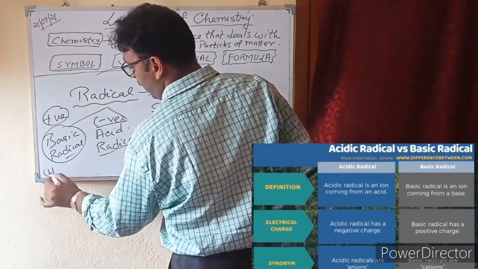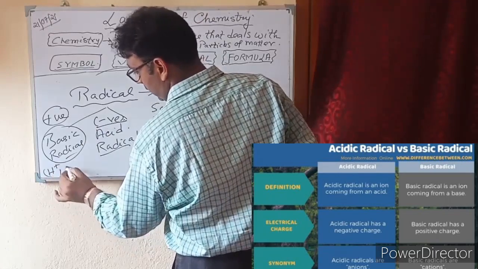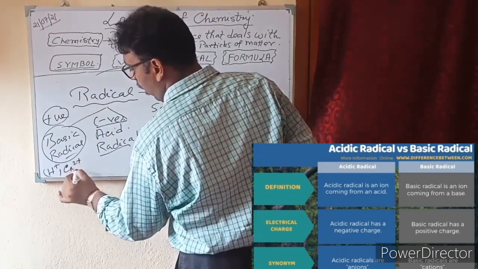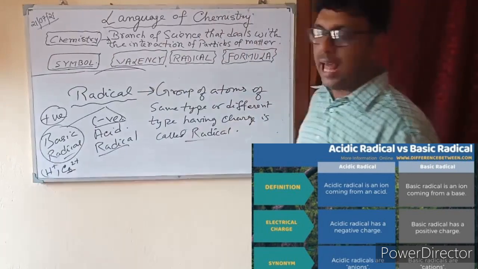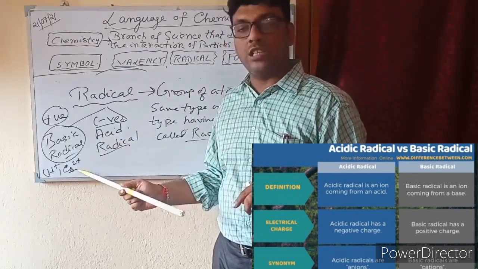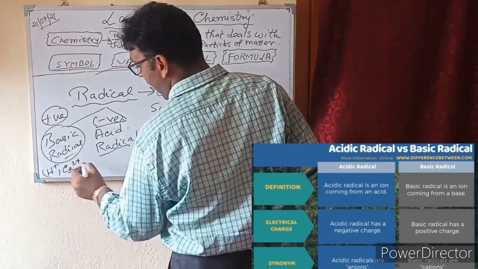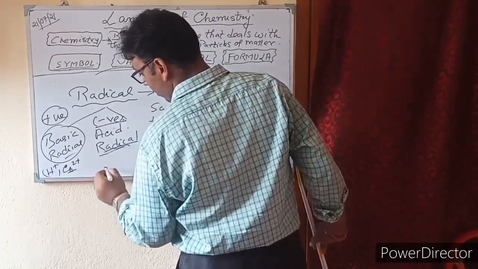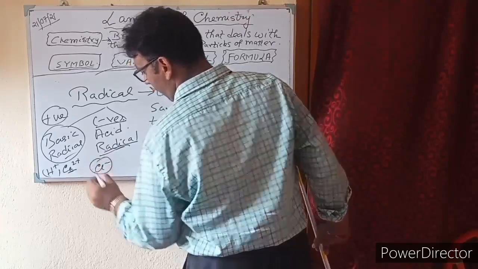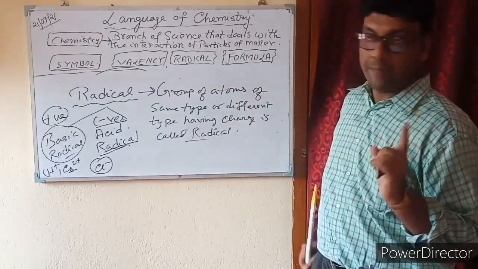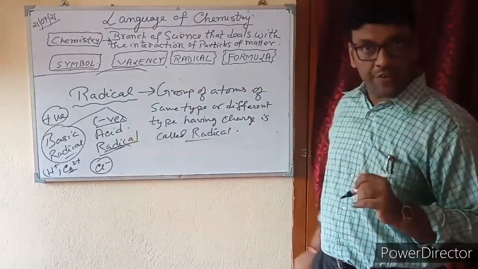Suppose H+, Ca2+, these are all simple radicals having basic charge, that is plus, positive charge. Now acid radical Cl minus, this is also a simple radical but having negative charge, that means acid radical.